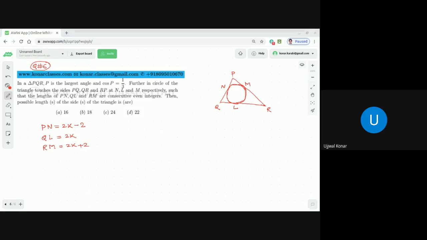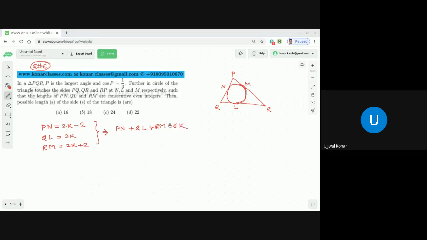After that, dear students, let's add all these things. Then what are we going to get? If we add all these, PN plus QL plus RM is equal to 6k.